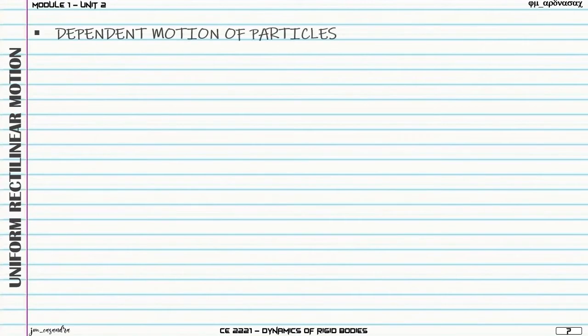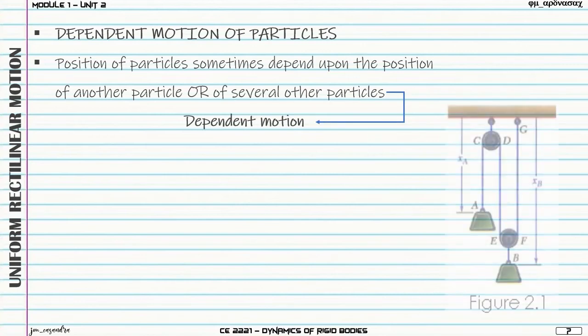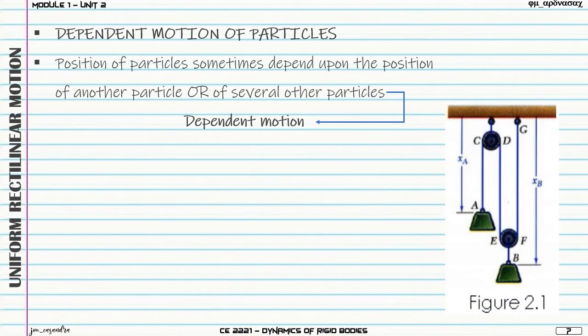So for some particles, their positions would usually be dependent on the position of another particle or sometimes of several other particles. And in this case, this is what we call dependent motion. Okay, so to understand dependent motion, let us look at this figure.